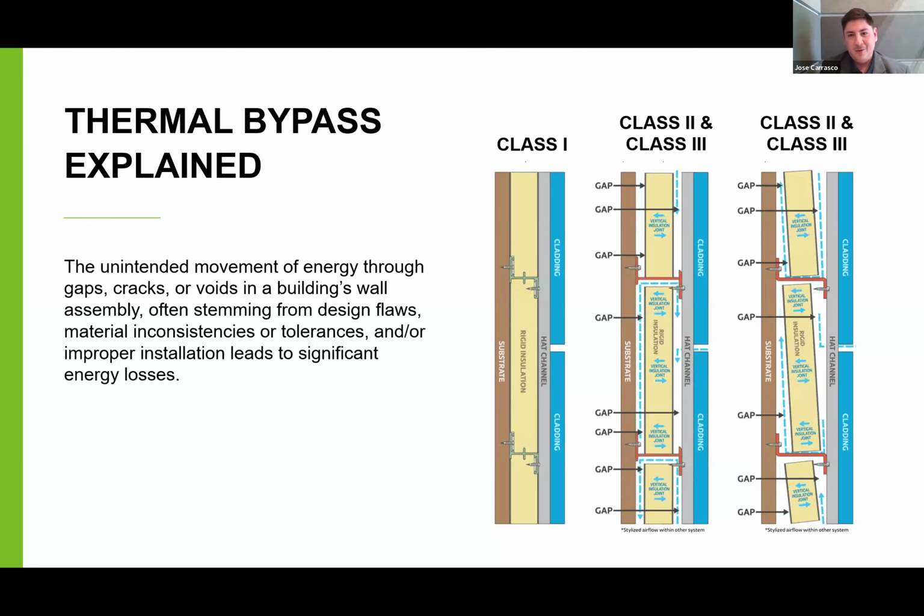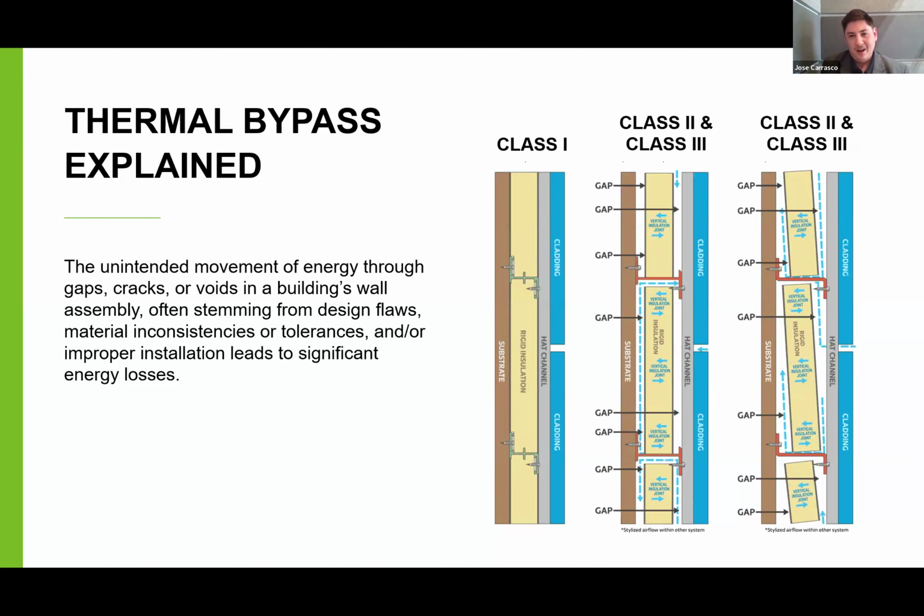So the image in the middle there, that's an example of a class 2 or class 3 system. It's just not engineered in a way to eliminate thermal bypass. You can see it's not airtight on the left or the right of that insulation in the middle there, and that's allowing space for that unintended energy movement throughout that wall system there.